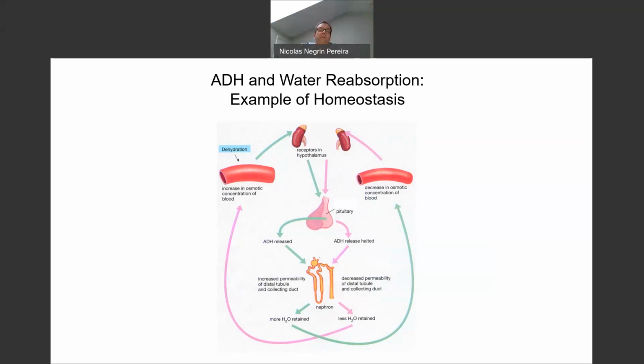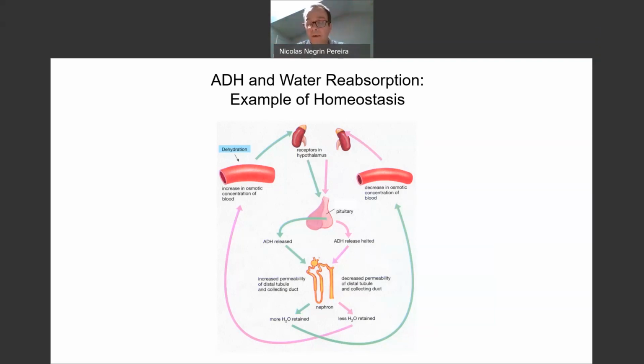Then that will stimulate the receptors in the hypothalamus, and the pituitary in this case will release ADH, and that will increase the permeability of the distal tubules by increasing the number of water channels. So more water is going to be reabsorbed and retained, and that will decrease the osmotic concentration of the blood, and so on.